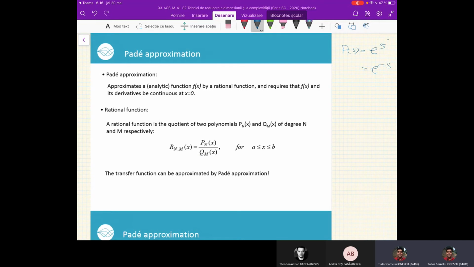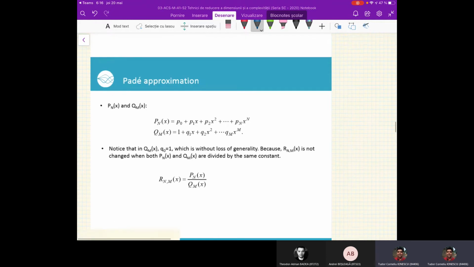A rational function is the quotient of two polynomials of degrees n and m respectively. And the question is, can you approximate the transfer function by a Padé approximation? We start from rational functions as it is, because we talk about linear systems. Can we do approximation of this?